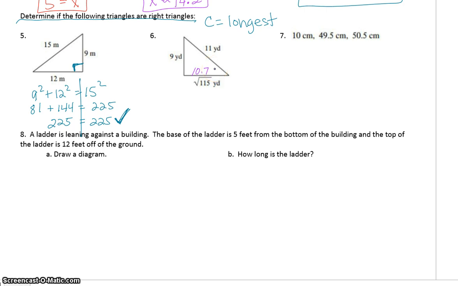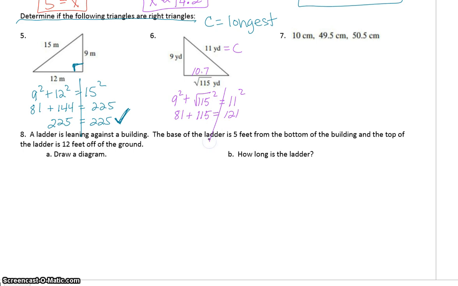Now, I'm not going to plug that in. The only reason why I need to know what that is so that I know that 11 is my longest side. 11 is going to be my c. When I plug in, I'm going to say 9 squared plus the square root of 115 squared equals 11 squared. 9 squared is 81 plus the square root of 115 squared, remember those cancel, you just get 115, equals 121.